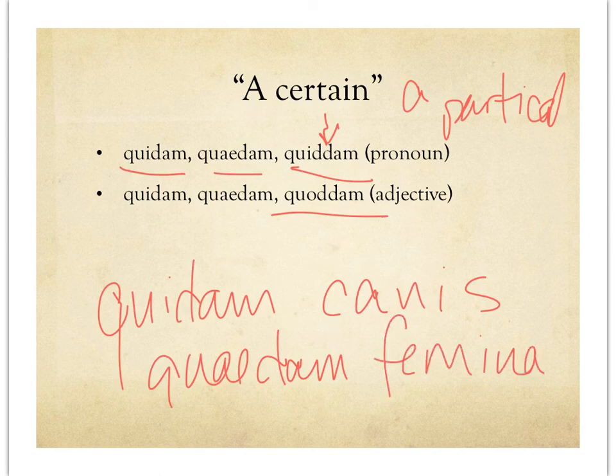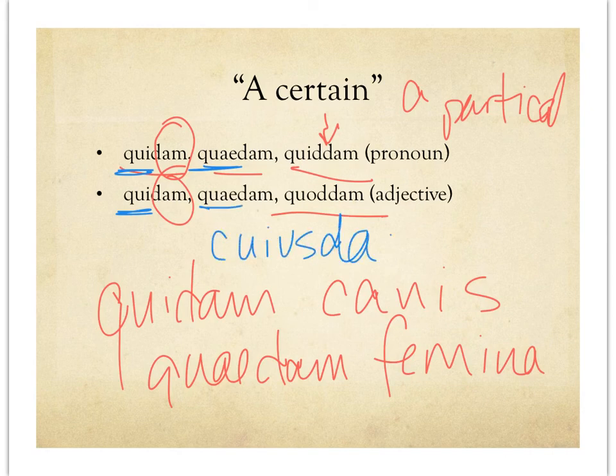But you can see that just like something like idem, eadem, idem, this ending stays the same, and it's the qui part that declines. So it's going to be cuiusdam, of a certain person, or cuidam, to a certain person.